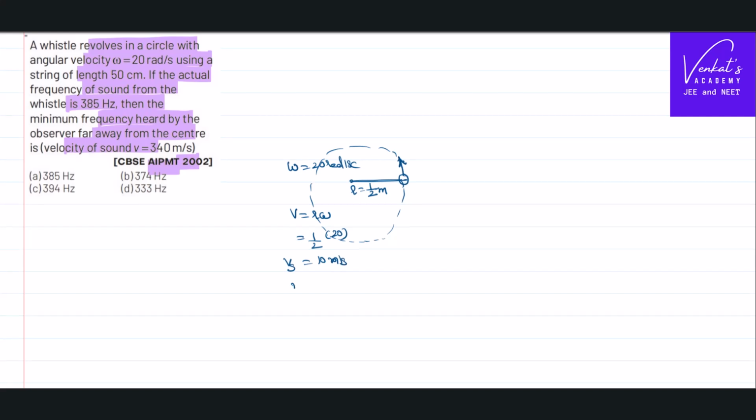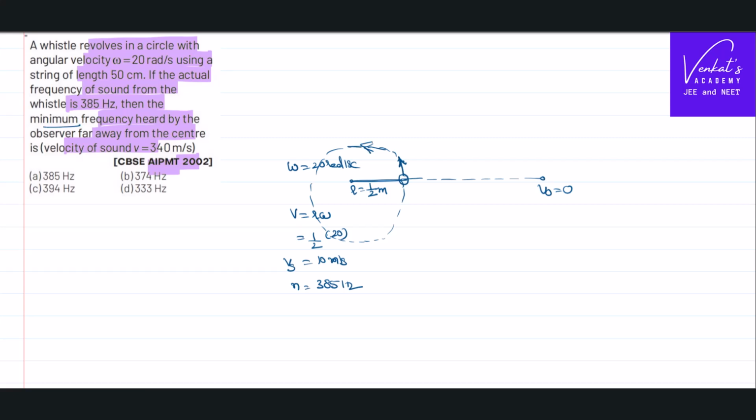And that's also having a certain frequency, 385 Hz. Now, this is moving in a circular motion. Where is the observer? The observer is quite far from the center and in the state of rest. What is the minimum frequency heard by the observer?